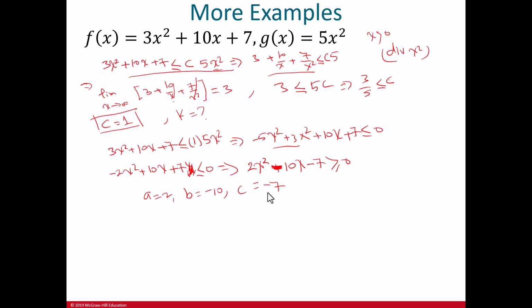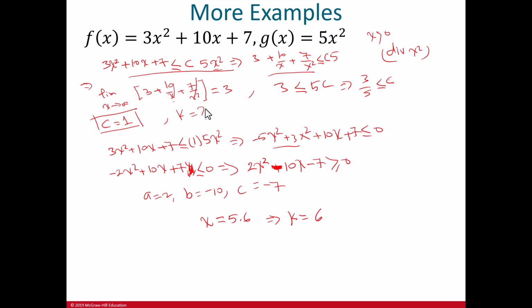Okay, so if you solve it, you will get some negative value for x. We are not interested in the negative. You will get x equal to something like 5.6, right? So we're going to choose our k to be bigger than this. We're going to choose it to be 6.